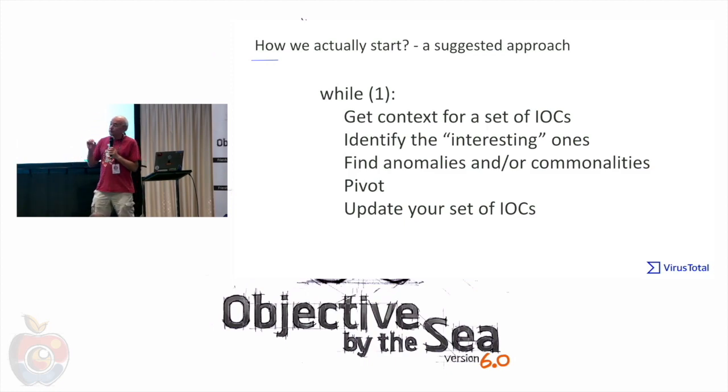Perhaps you have a file hash and want to know what domains or IPs it reaches out to, so you can use that as a pivot point, or perhaps a unique string to pivot on. Then you update your IOCs and continue this iterative process of building more IOCs and filtering out. You can also use that as a technique to track certain campaigns, seeing how a campaign evolves as it goes on.